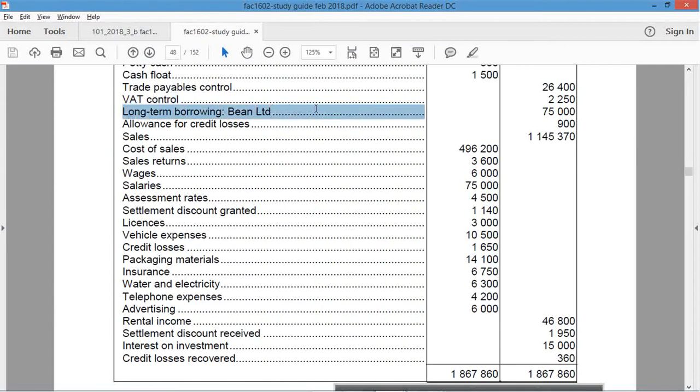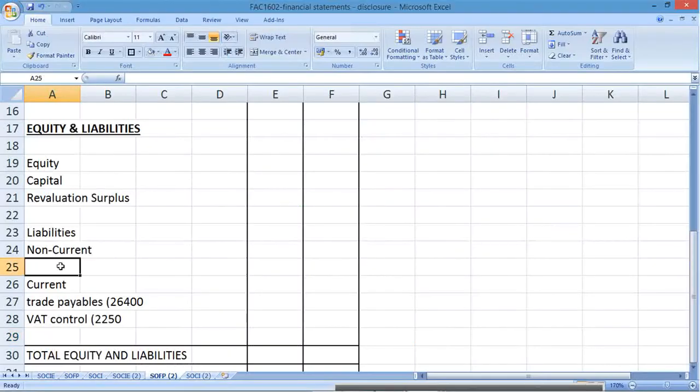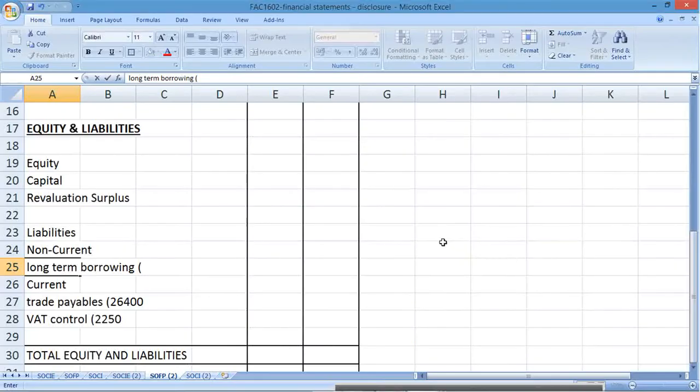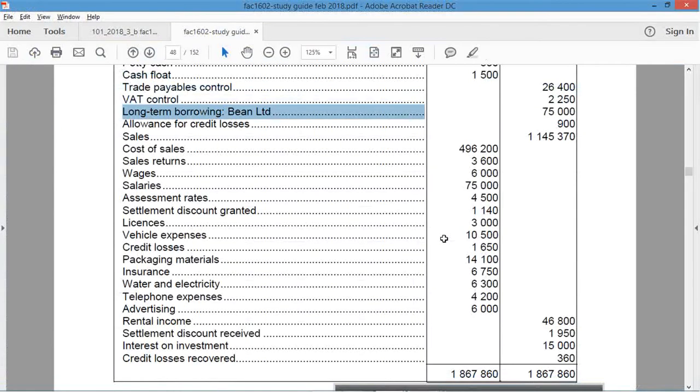Long-term borrowing, so that's a non-current liability, and that's 75,000. Allowance for credit losses is a negative asset.